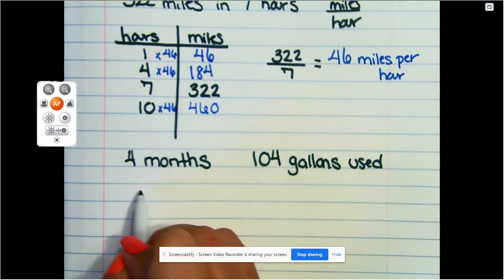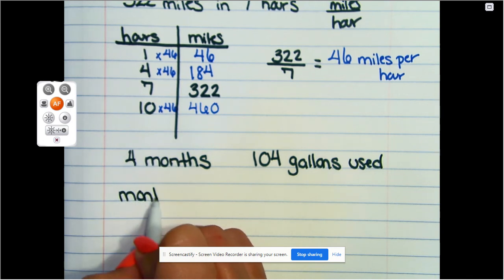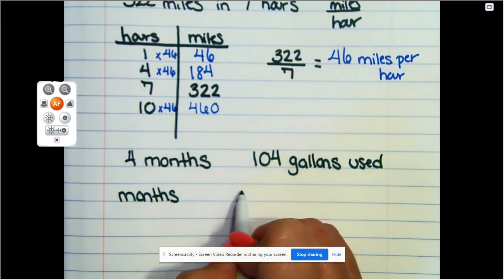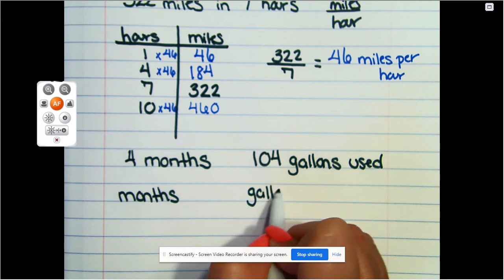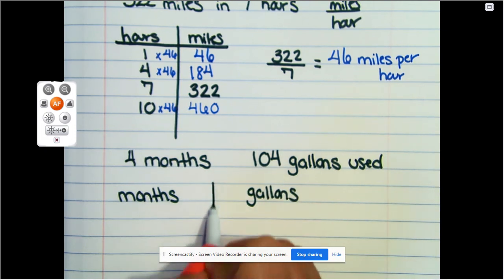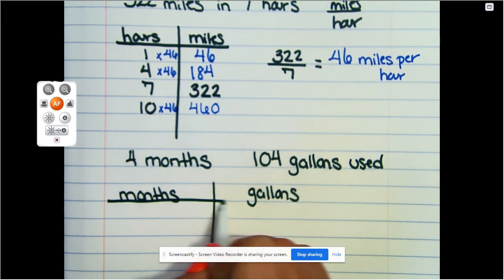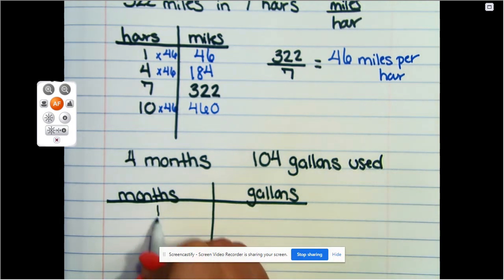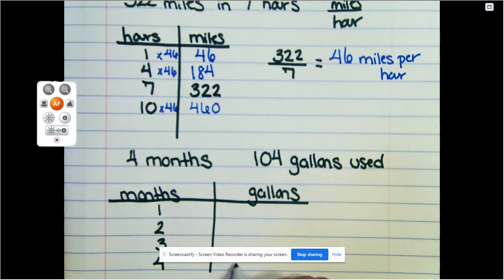We're going to fill out a table with months and then gallons. The months that I had pulled out are 1, 2, 3, and 4. We already know that in 4 months, 104 gallons were used.